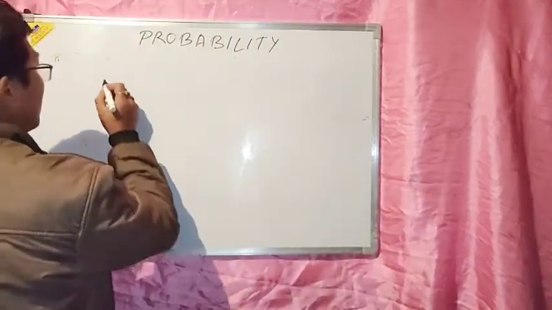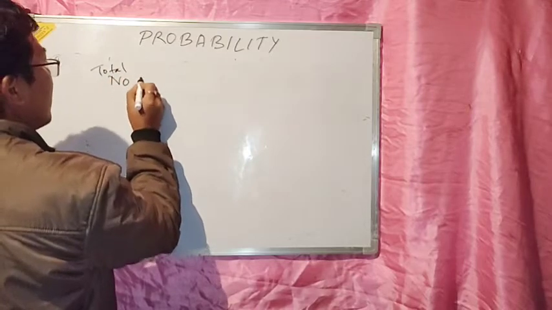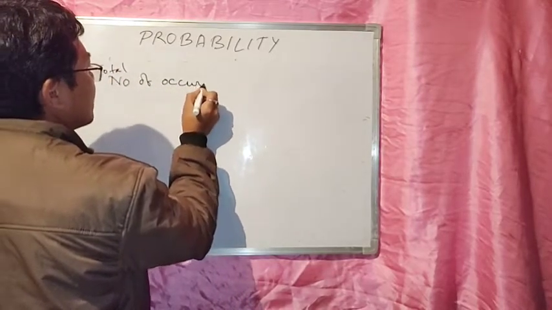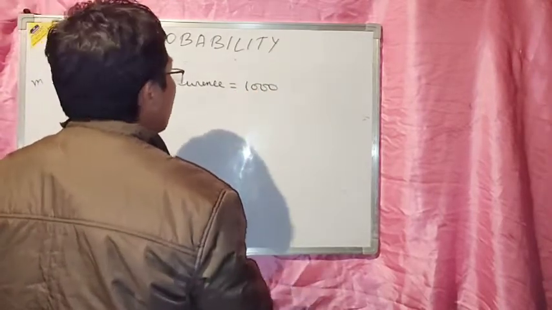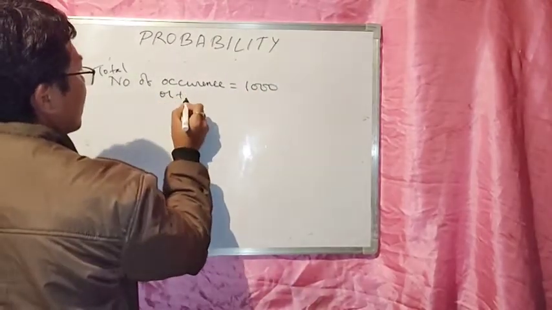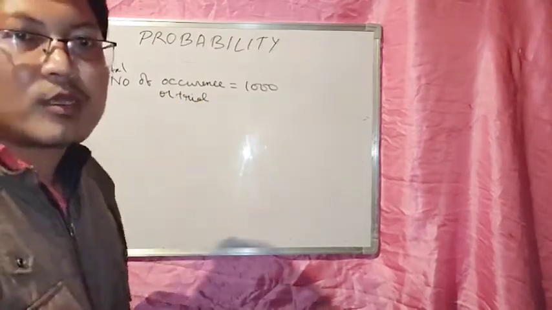That means this is the total number of occurrences, or we can say trials: 1000.